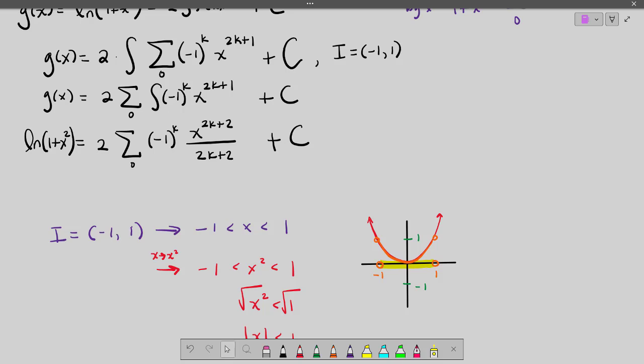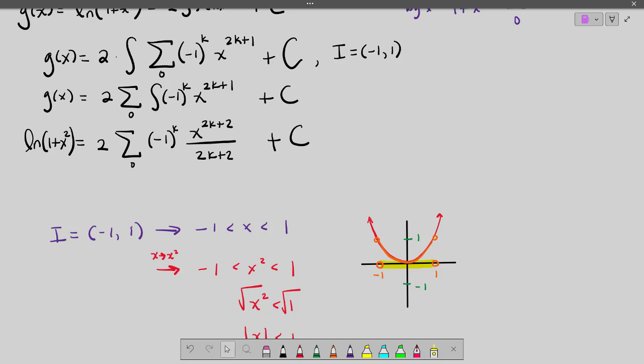When we look at this series here, what is the very first term of the series? I want to figure out whether there's a numeric constant or whether every term has an x in it. Because if every term has an x in it, they all just disappear when you plug in 0. So if we look at our very first term, which is when k is 0, our first term has an x, which means all terms have an x.